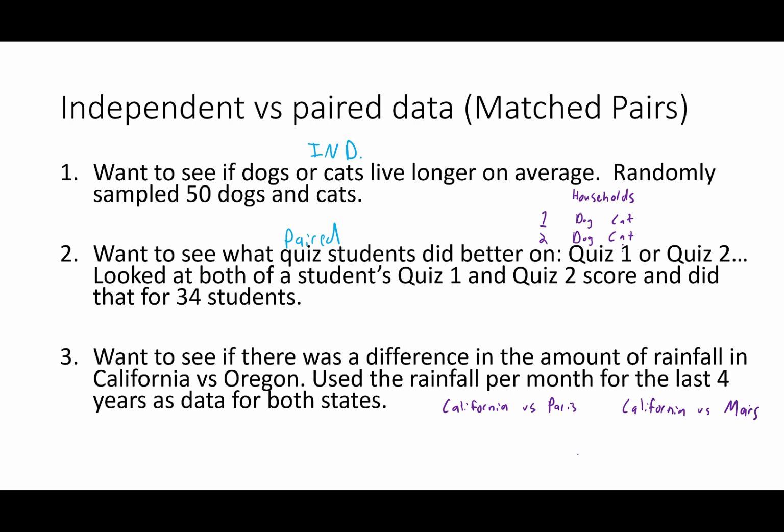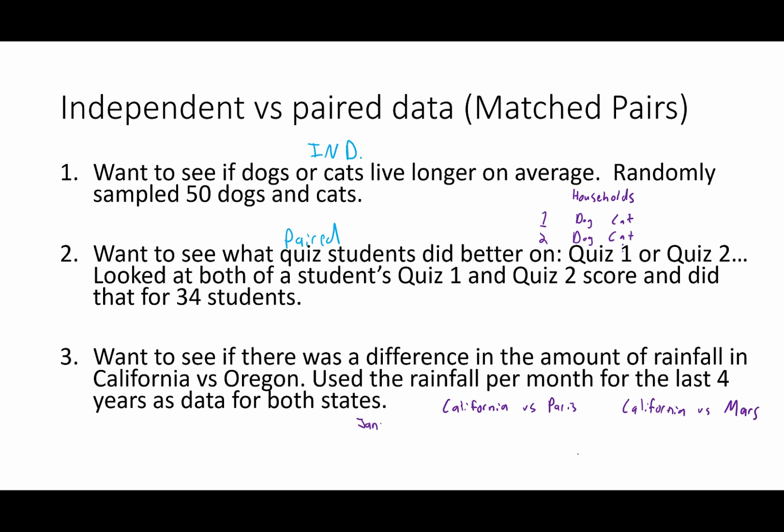We don't call paired data dependent data, and that's a big distinction. We're not saying these two sets of data are dependent on one another. We're just saying, are they paired? Whether we're dealing with Oregon, Paris, or Mars, this would be paired, because we're collecting it based on rainfall per month.